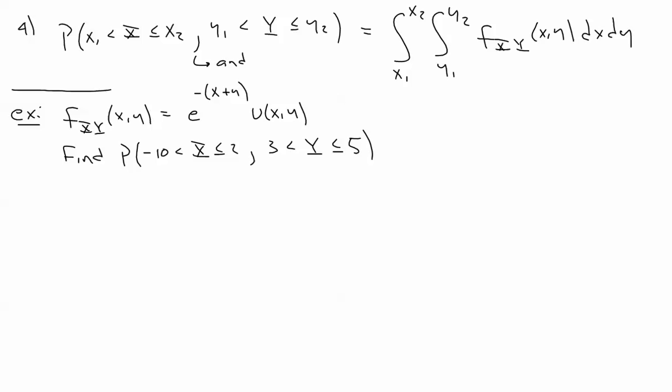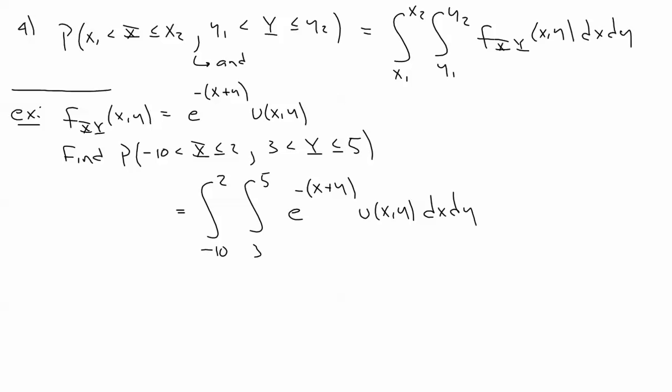All right. Well, very simply, I calculate this integral. Integral from minus 10 to 2, integral from 3 to 5, e to the minus x plus y u x y dx dy.